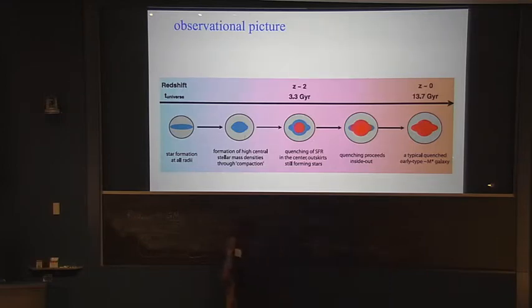In the models that I'm going to show you, Rachel has much more sophisticated models in which this coupling is already done. She has a semi-analytic model in which the star formation properties are linked with the black hole growth already. In the demographic models that I am going to show you, I don't explicitly model the star formation. I just assume correlations between halo mass and stellar mass, and so on.